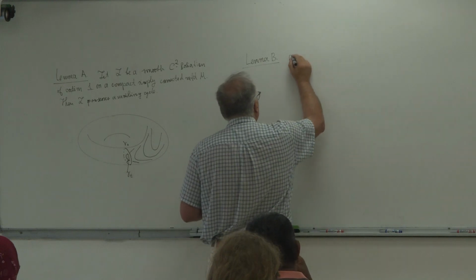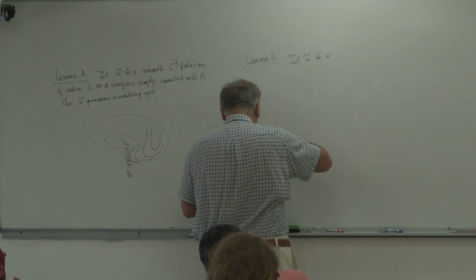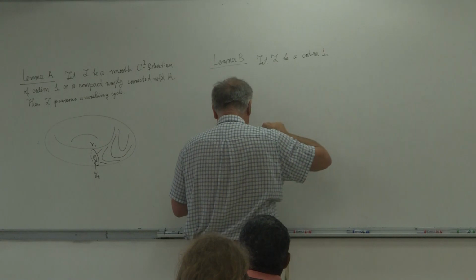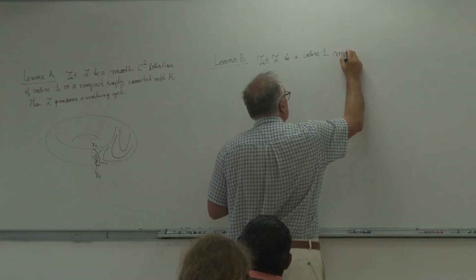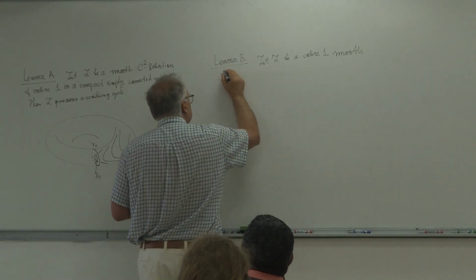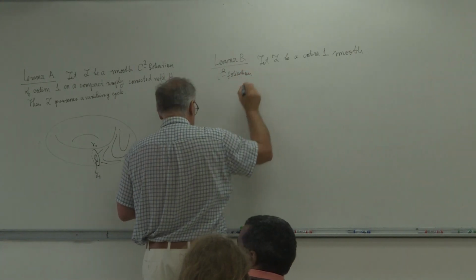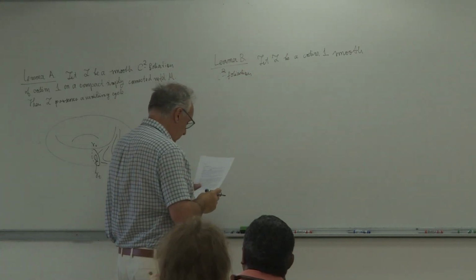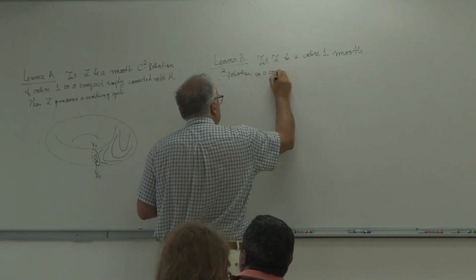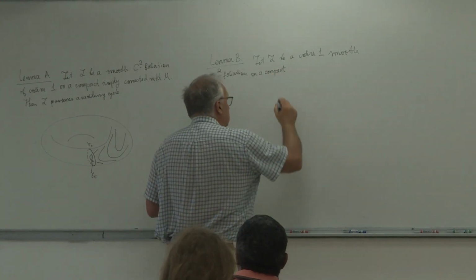Let L be a codimension 1 smooth C2 foliation on a compact threefold.